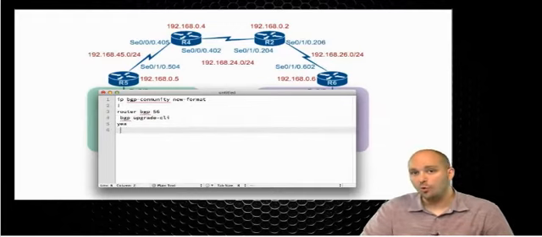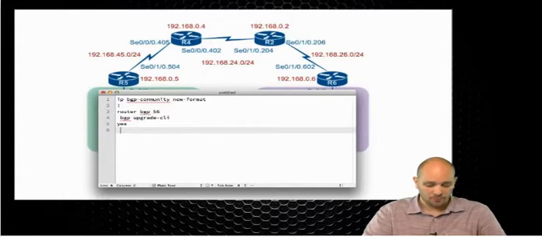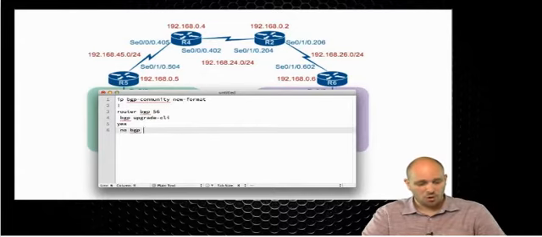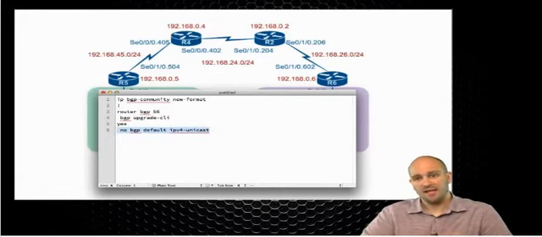And then I'm going to do another thing that might be a little bit controversial. I'm going to say no bgp default ipv4-unicast. Now, what this command does is change the behavior of BGP.